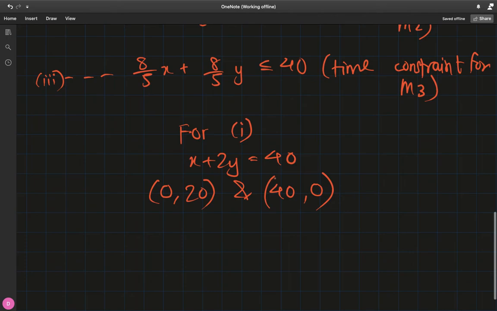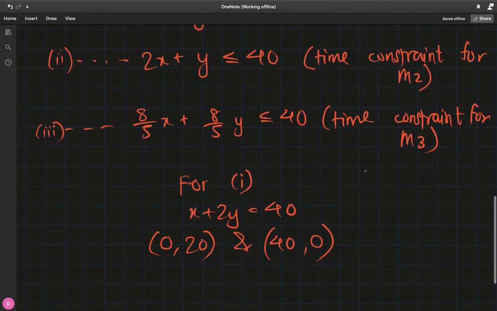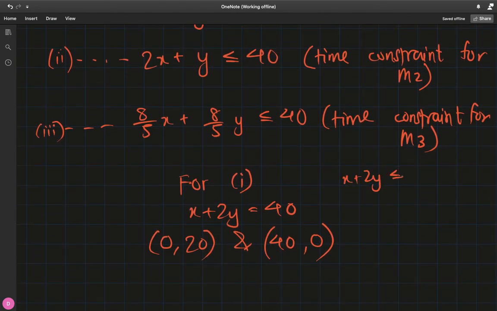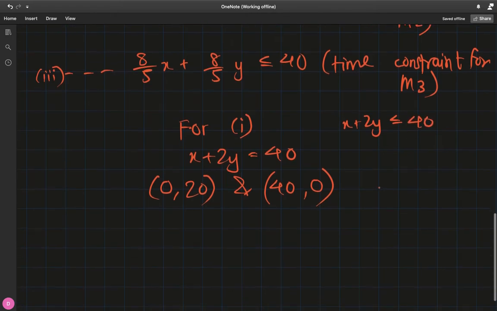And for our inequality, which was x plus 2y is less than or equal to 40, let's do an origin test. So plug in 0, 0. You have 0 is less than 40, which is true, right?